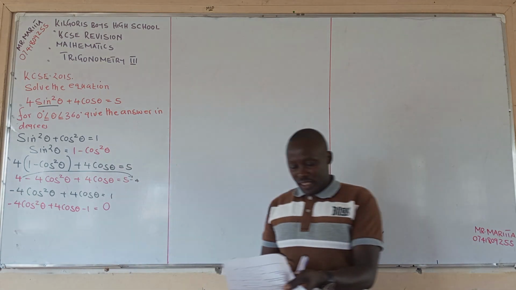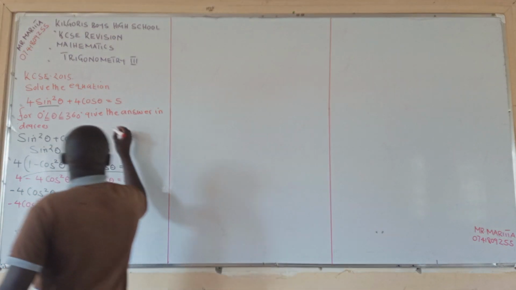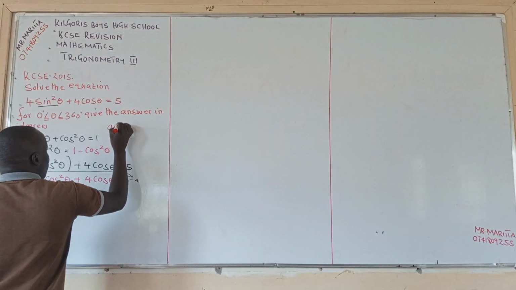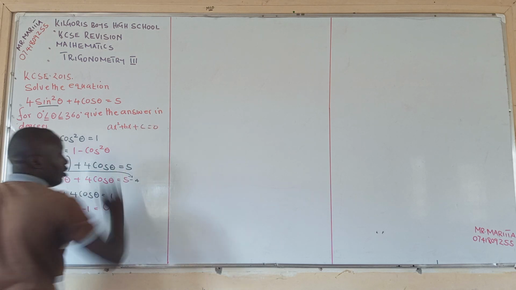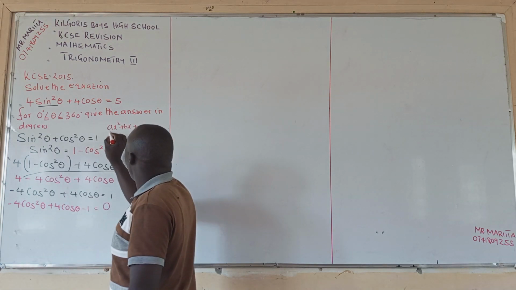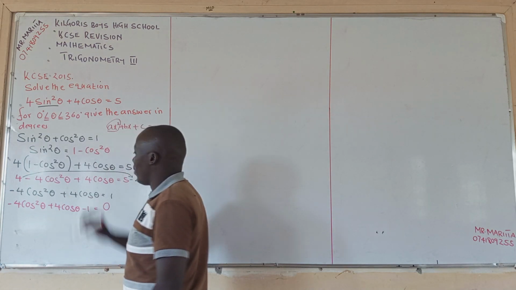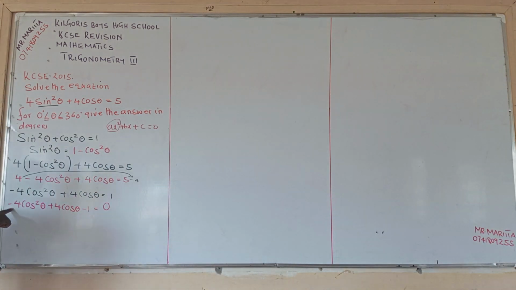In the form of ax squared plus bx plus c equals 0, the coefficient of x squared must be positive. It means that this part here, negative 4 cos squared theta, must be positive.